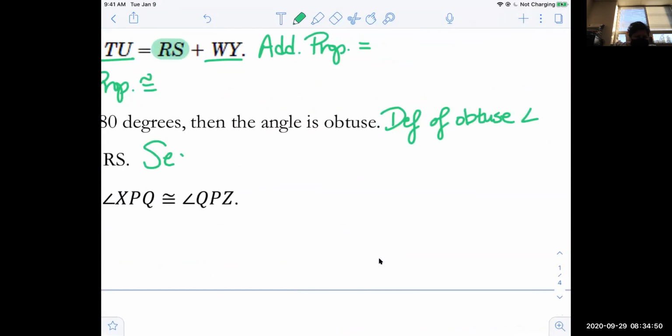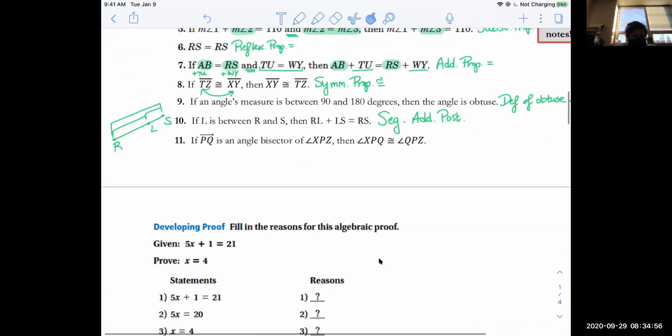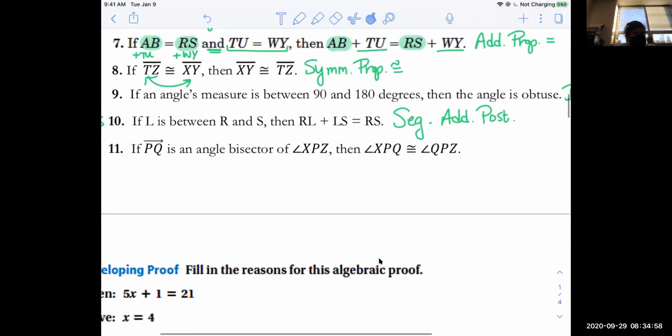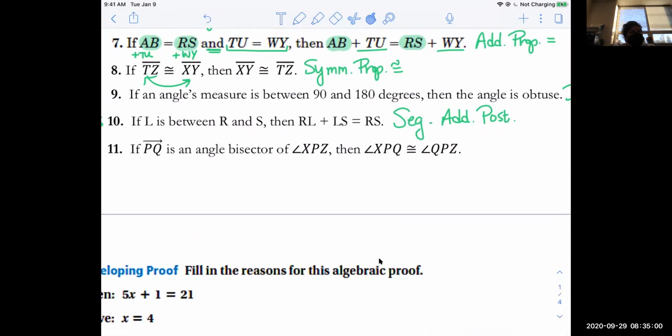So there will be these things that are thrown in, mixed in with your properties. Sometimes students try to call that like regular addition or substitution or something else. Hopefully that is something you recognize as something from chapter 1. This is not a property, okay? The last one is also not a property.